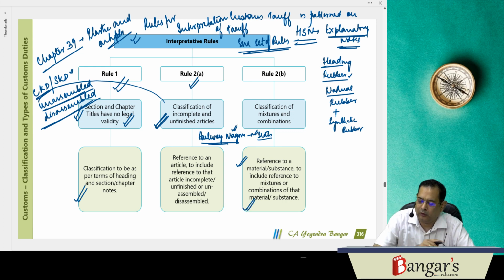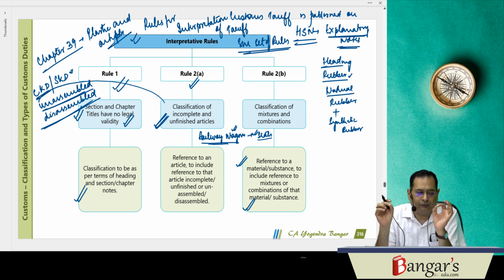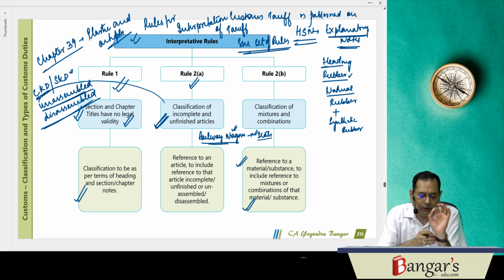Reference to mixtures or combinations of that material or substance with other materials or substances. So fundamentally, classification of mixtures and combinations states that a reference to a material or substance includes mixtures or combinations of that material or substance with other materials or substances. Similarly, in a heading, if a reference to goods is given, that will include not only goods made out of that material, but also goods made out of a mixture of that material.